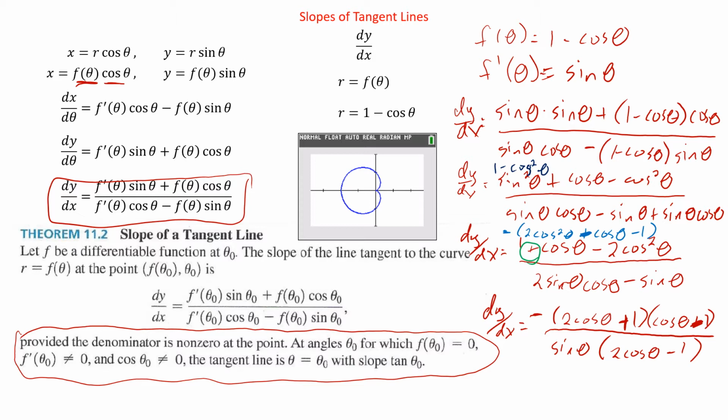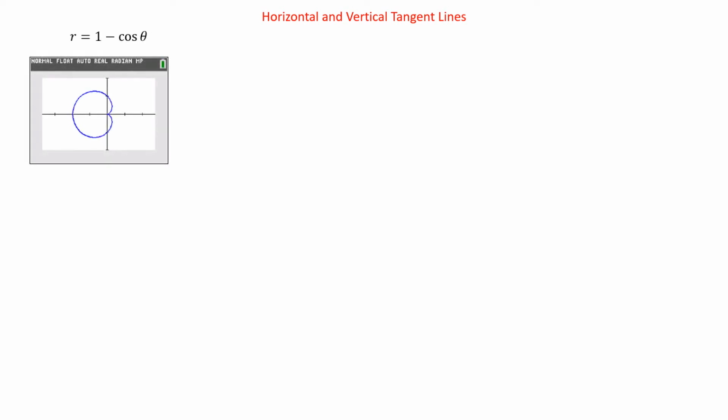So let's get a clean sheet here. So when is it horizontal and vertical? So we have our equation, the graph, that's the derivative we just came up with. When would it be horizontal? When would it be vertical? It's going to be horizontal when the slope equals 0. That's when the numerator equals 0.